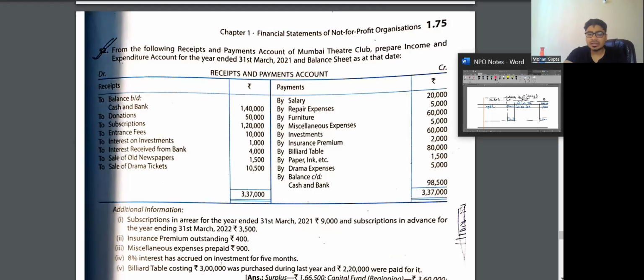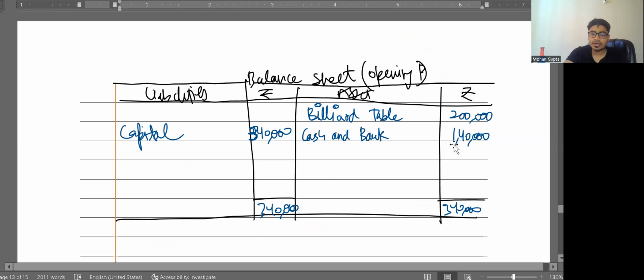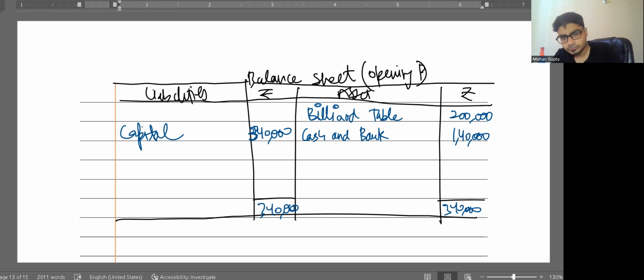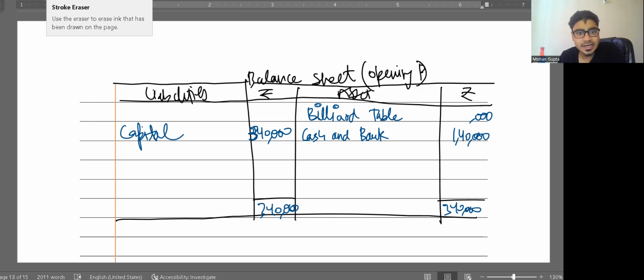Why have we written billiard table as 2 lakh when it is 3 lakh? Yeah, it says billiard table costing 3 lakh. So purchase for 2,20,000. Now let's do the rectification here and we will get our answer immediately.